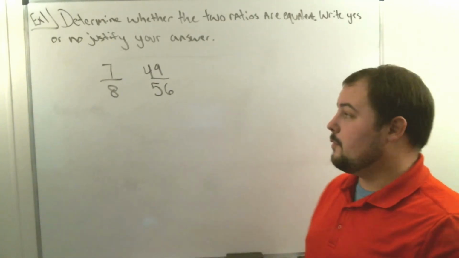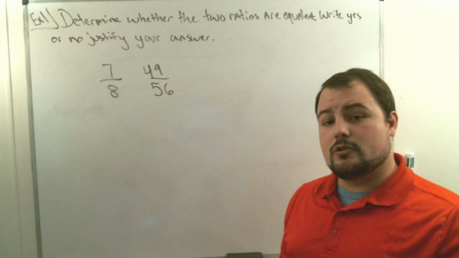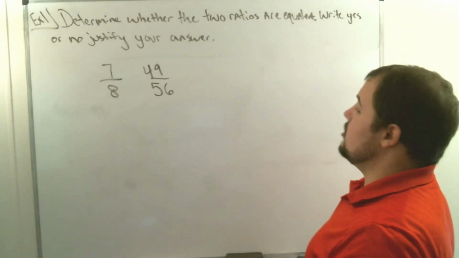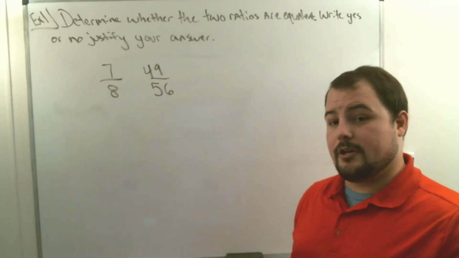In example 1, what we're going to do is determine if two fractions are equivalent. It says determine whether or not the two ratios are equivalent. Write yes or no and justify your answer.